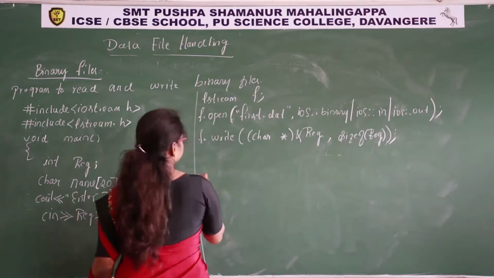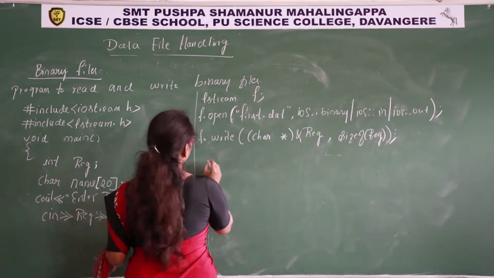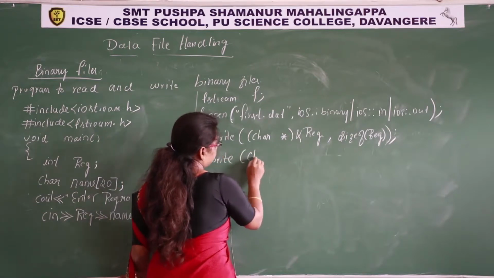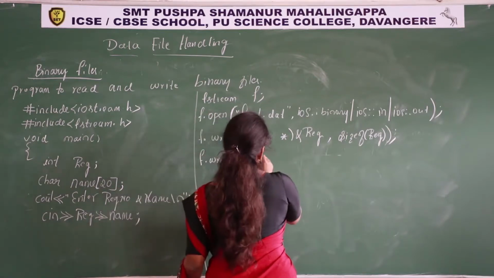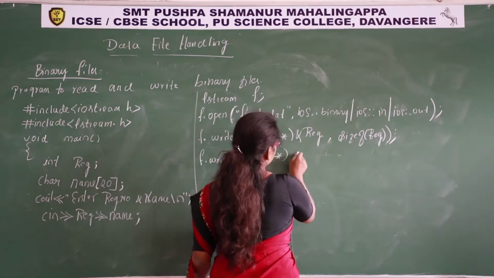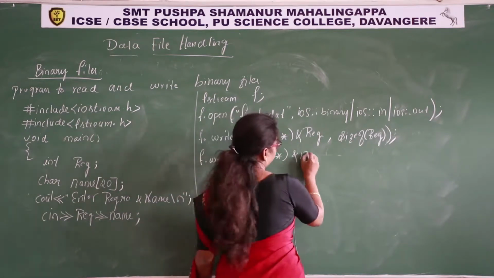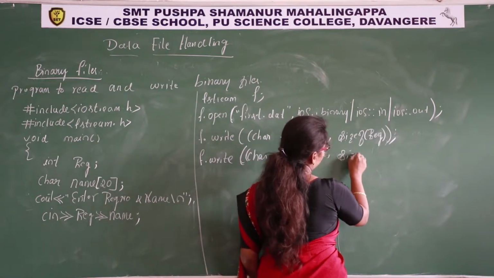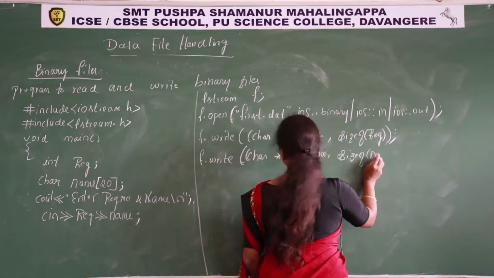Next, one more data is there, no? Name. f.write((char*)&name, sizeof(name)).